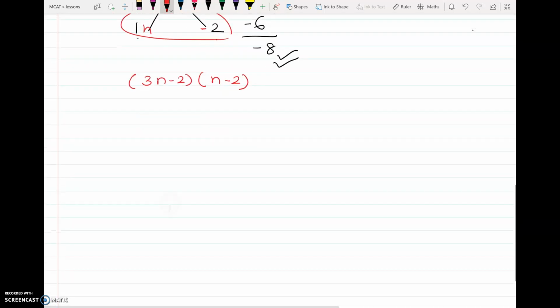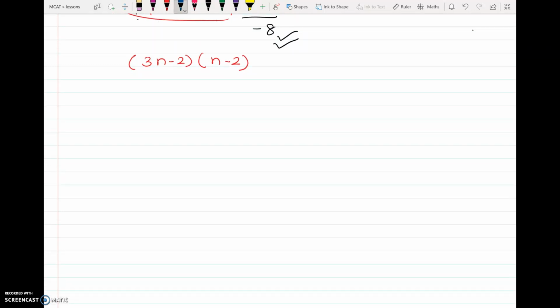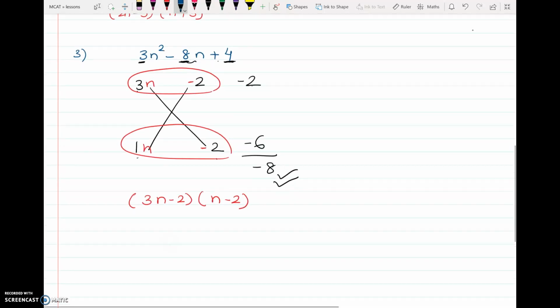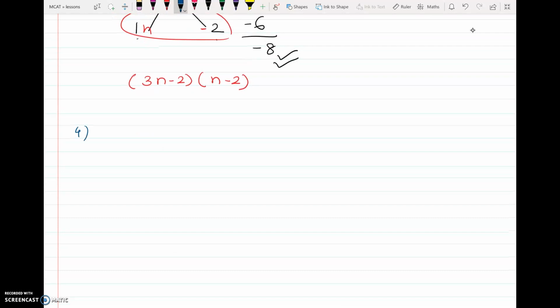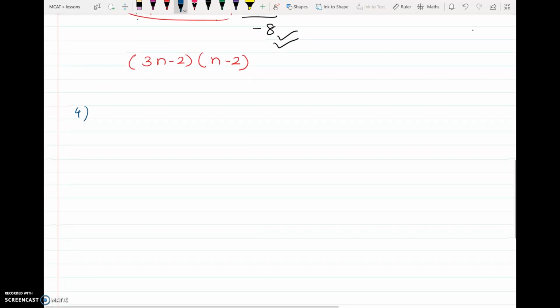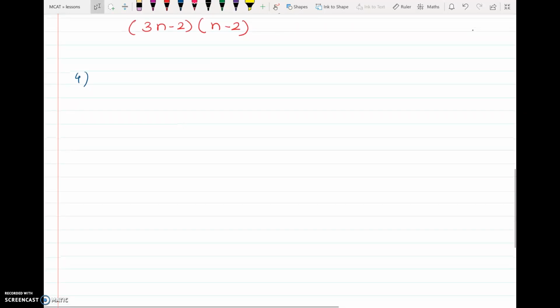Let's look at one more example. In this case, let's look at 5n squared plus 19n plus 12.